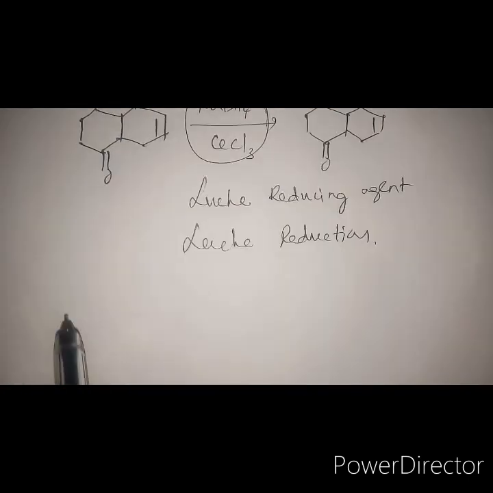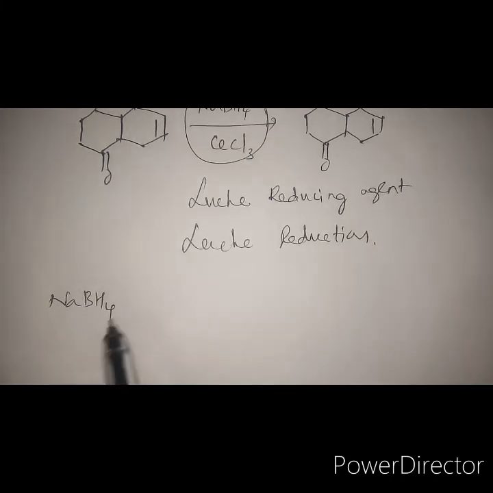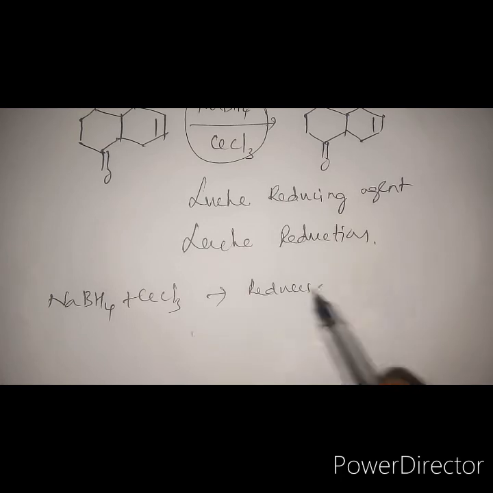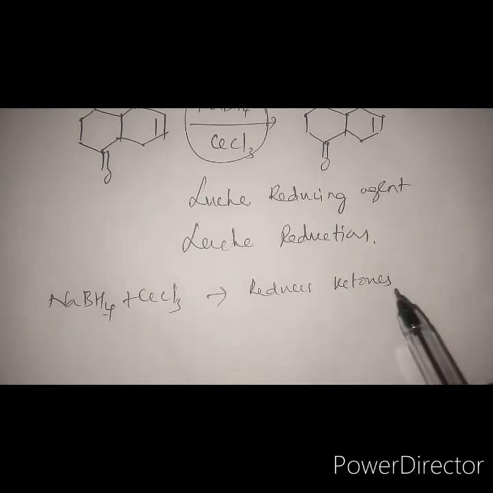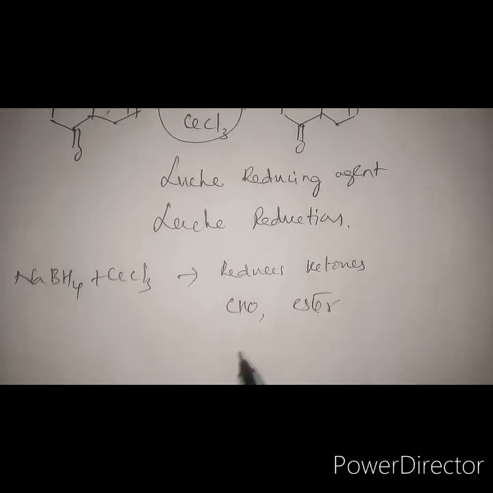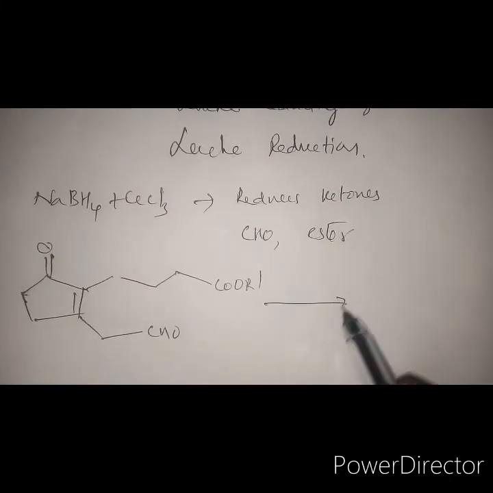The main important application of this is that it reduces only ketones. Sodium borohydride plus cerium chloride only reduces ketones in the presence of aldehyde and ester. Say for example, we have a ketone, CHO, COOR dash.